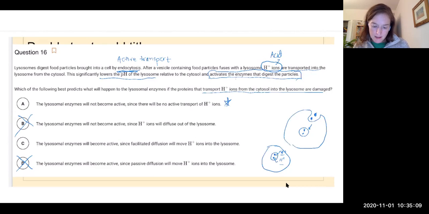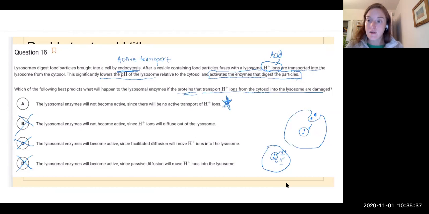Well, if the proteins that transport them are damaged, then they won't be able to move H+ into the lysosome. So we have to rule out C. Even if it is facilitated diffusion, this is saying that the proteins that allow that are damaged. They won't be able to. So A is the best answer here.